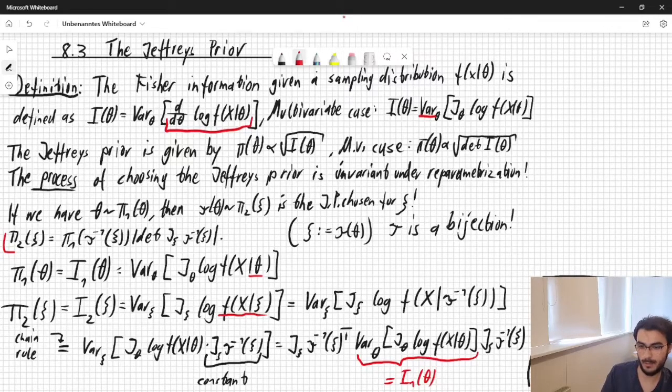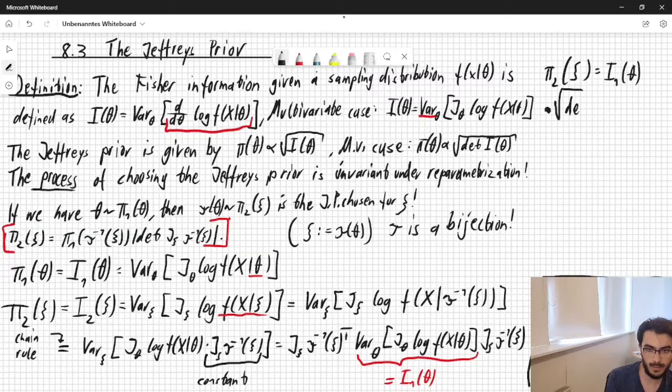So our pi2 here, I'm going to write above, is equal, well, we've already seen this. The inverse of psi is theta, so this is just I1 of theta times the square root of the determinant of this thing.